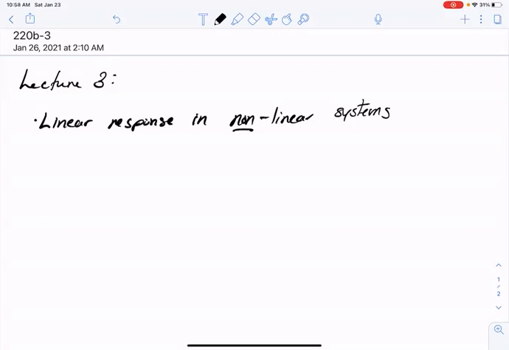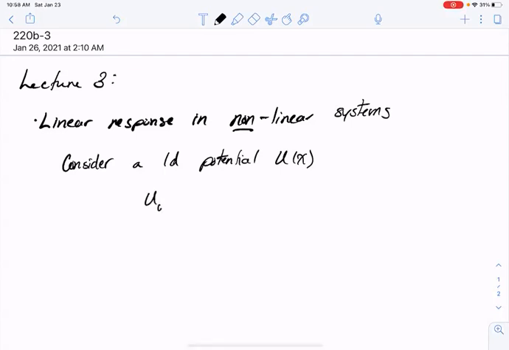And let's consider a simple, concrete nonlinear system. A system for which there's a one-dimensional potential, U of x, and dynamics evolve along that potential.